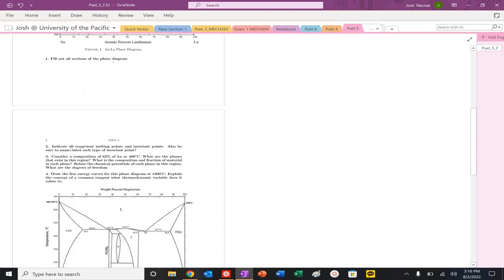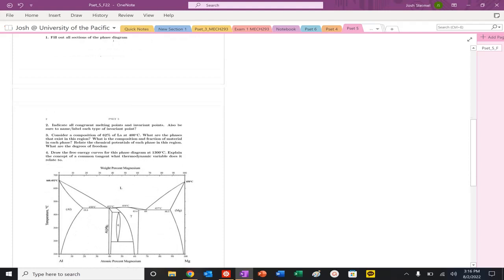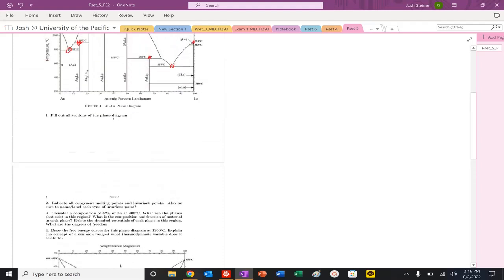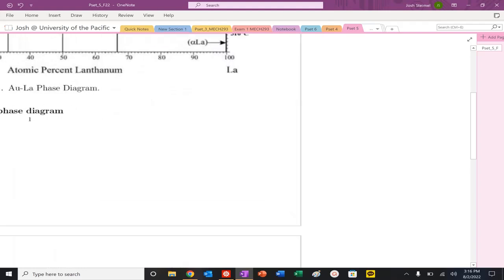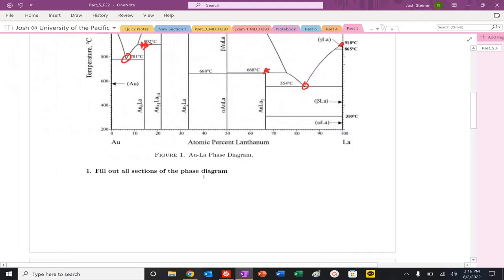So we've got that. Consider a composition of 62% lanthanum at 400 C. What are the phases? So 400 C, 62%. So it's going to be about right here. What are the phases?